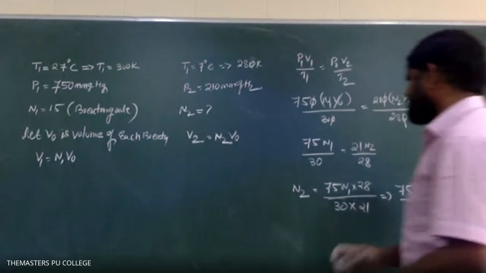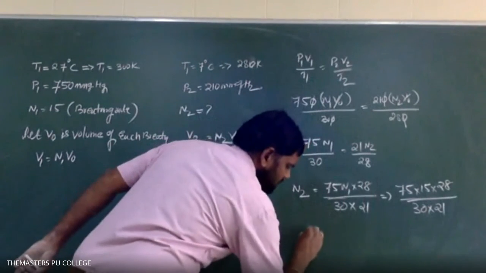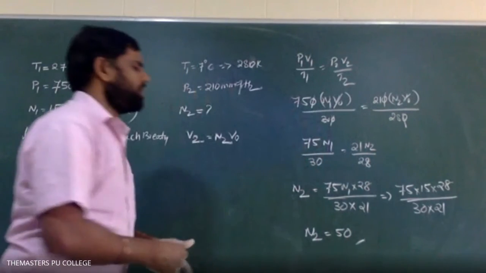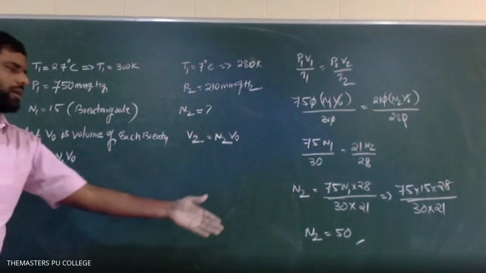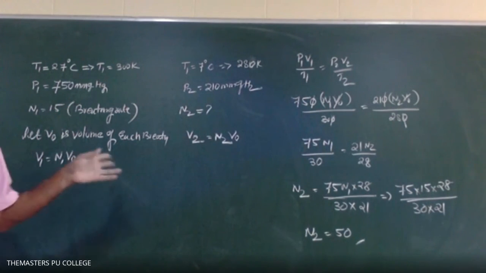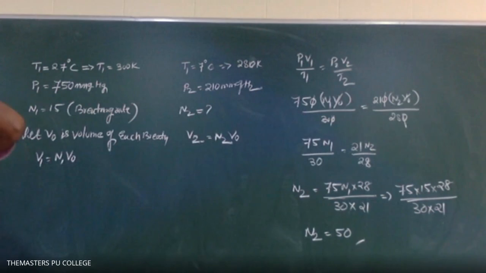You got the same, no? This N2 equals 50. So hence we need to take 50 breaths per minute in order to have the same mass of gas.